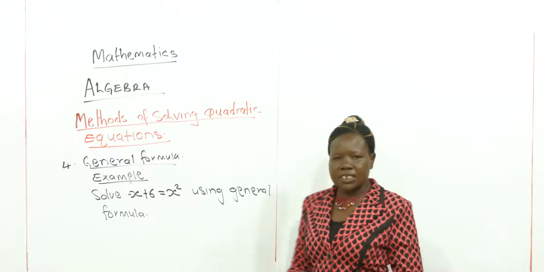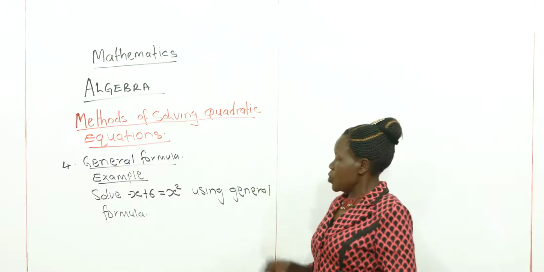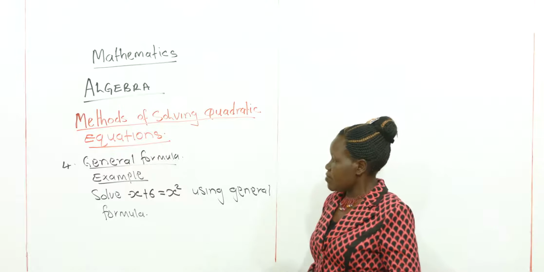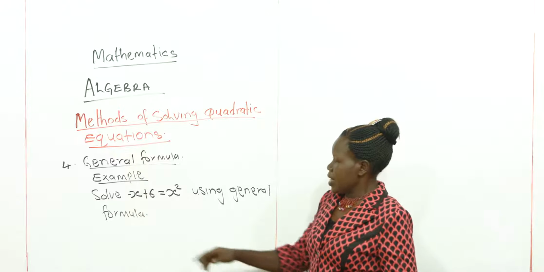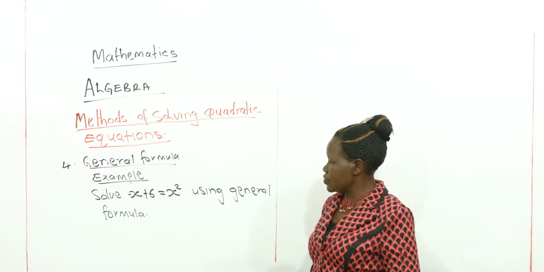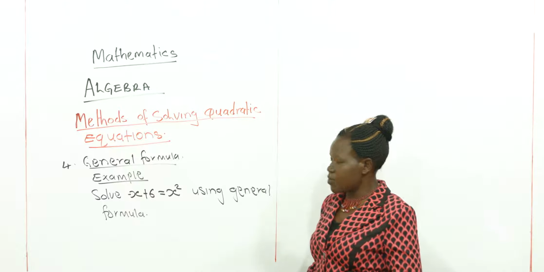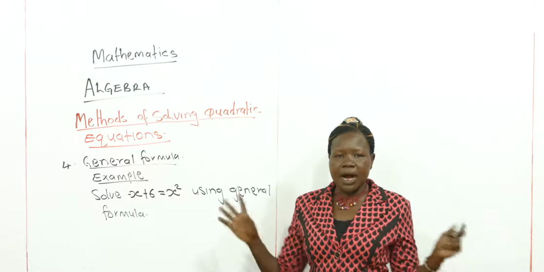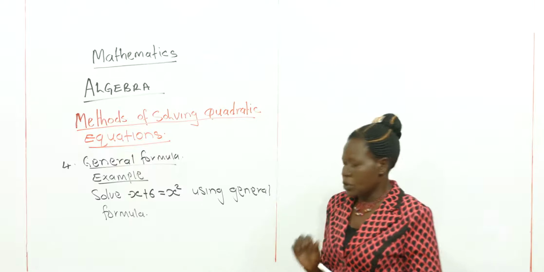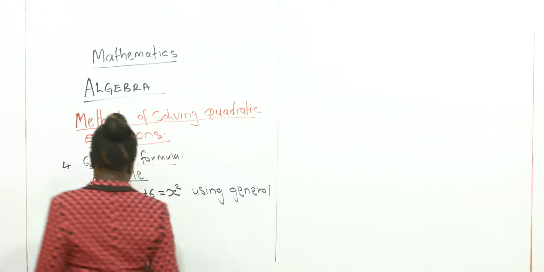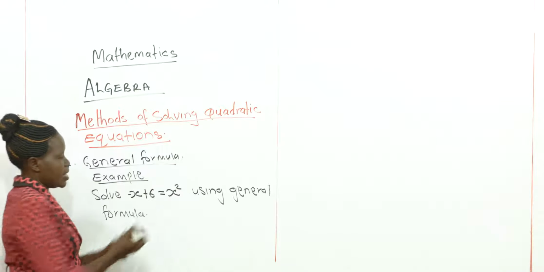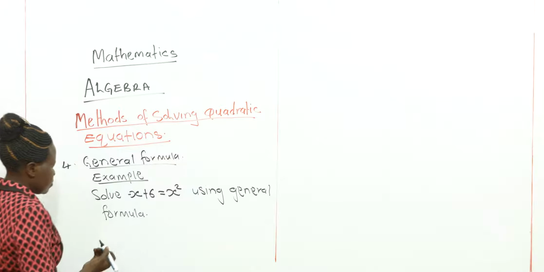And remember that in the previous lesson, we looked at how to derive the general formula. After deriving it, you can be asked to use the formula in solving quadratic equations, which means you can leave other methods of solving quadratic equations and use the general formula. If you have been instructed to use it, then you cannot use any other method apart from the general formula.